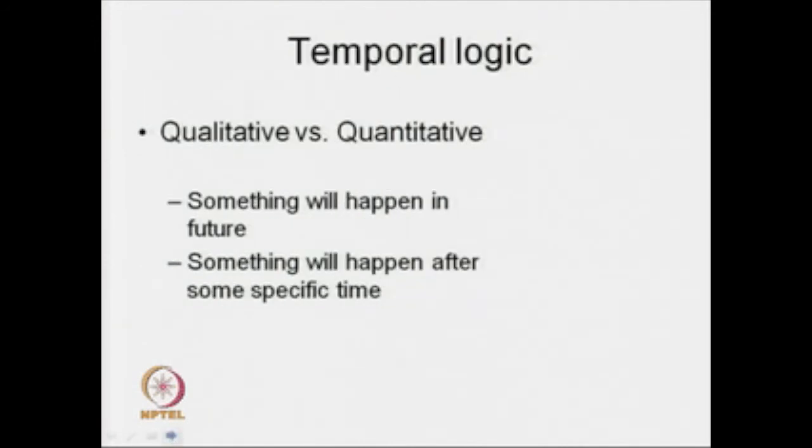Another issue we have when we are going to capture timing is qualitative reasoning and quantitative reasoning, or capturing the time in a qualitative way and a quantitative way. In the qualitative way, we just talk about the behavior of the time. We say whether something is happening now or something is going to happen in future.